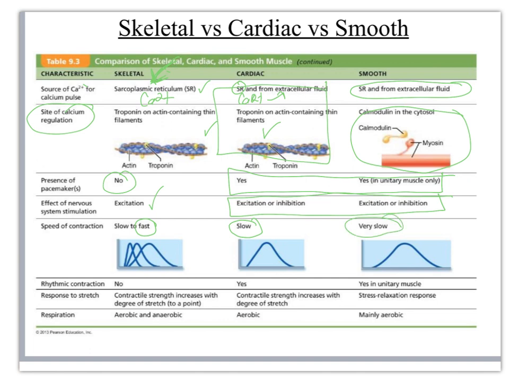It's strong, it's powerful. It can hold that contraction forever using very little energy, but it is very slow to get started. So when you are trying to run away from a coyote, you need the mechanisms to make skeletal muscle move faster, okay? And then you can do aerobic or anaerobic, and then these are basically aerobic.